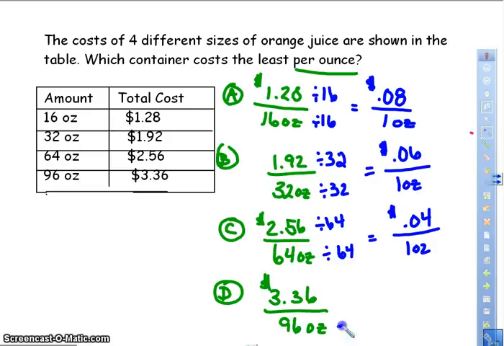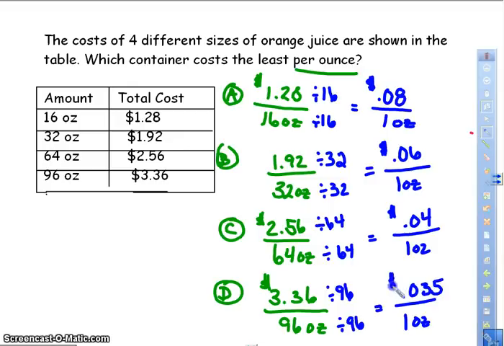And then on my last container, I'm dividing by 96 because 96 divided by 96 is 1. So that's my 1 ounce. So 3.36 divided by 96 is going to give me 0.035.